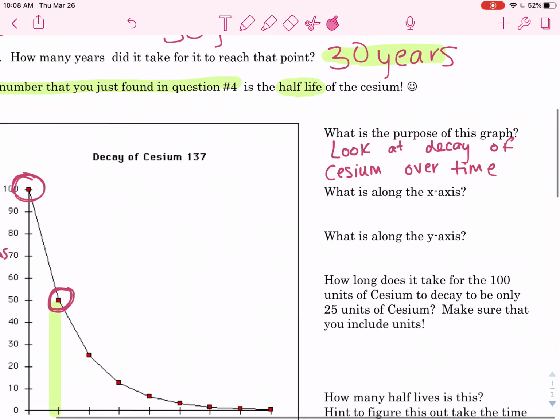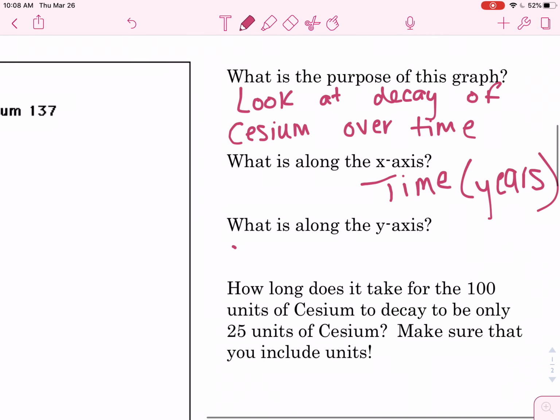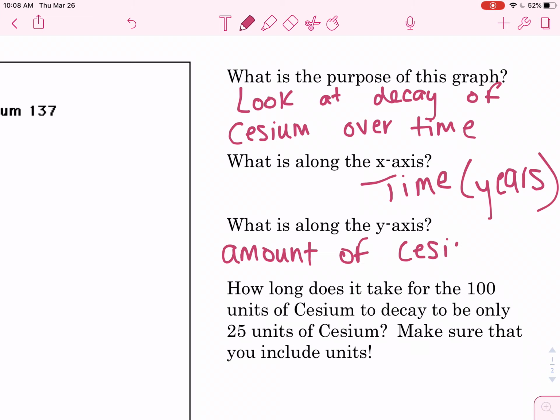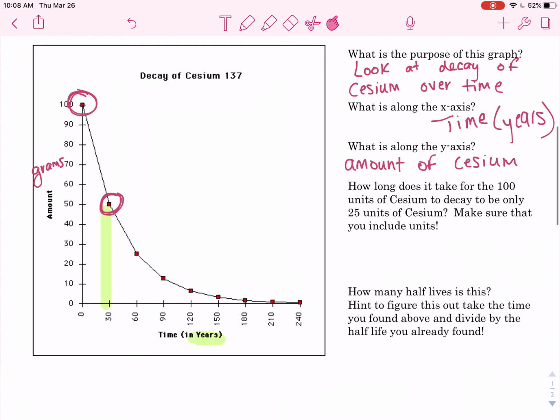What is the x-axis? That's our horizontal axis, so that's time, in years. What is along the y-axis, our vertical axis? That is the amount of cesium.